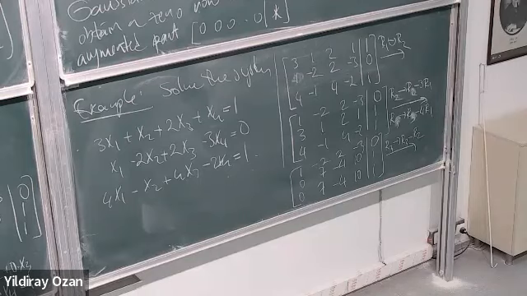And if you want, I can also kill this guy. So first row is replaced by first row plus 2 times the second row. So we get minus 2, 0.